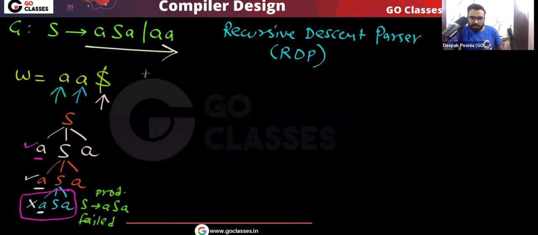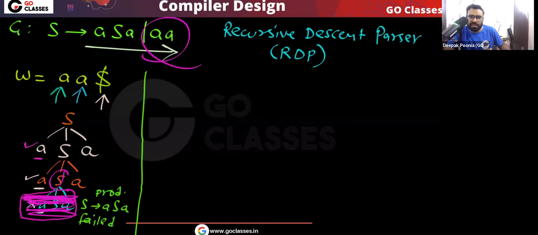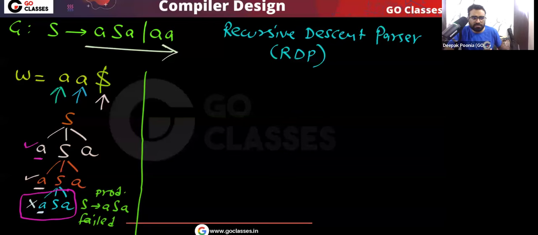Very simple. If this production failed, there is no problem. We will remove this production. We will backtrack. We will go to this S and we will try the next production. Okay, yes or no? So this S will try the next production. I can mark it here that this S will try the next production. Okay, so you can see this is the situation we got. You can see S is going to ASA.